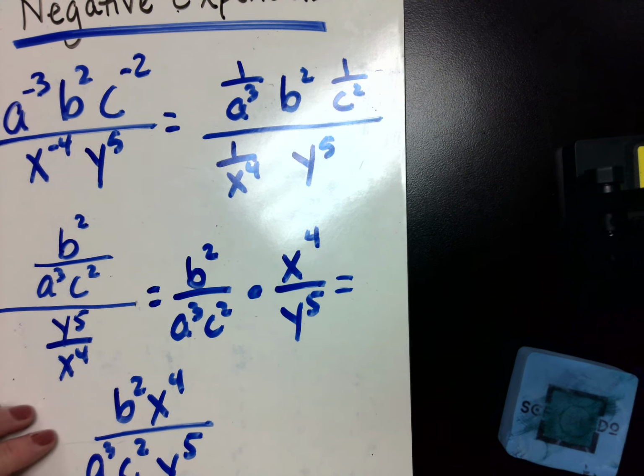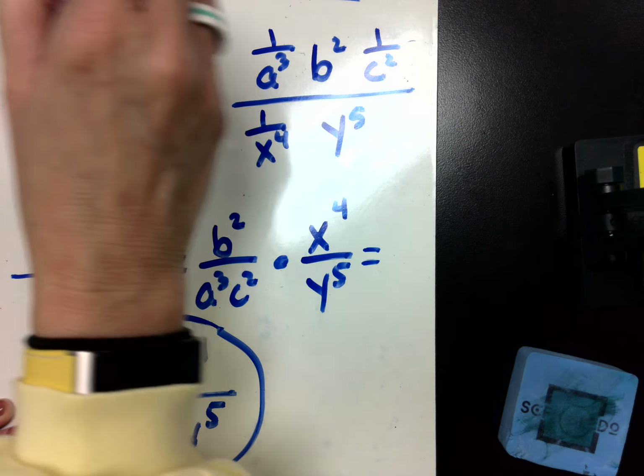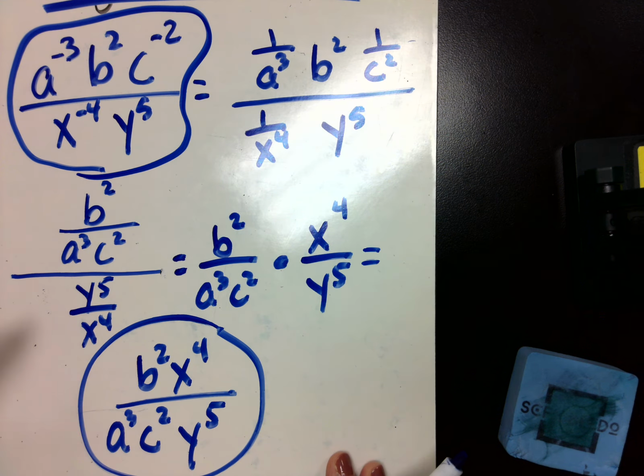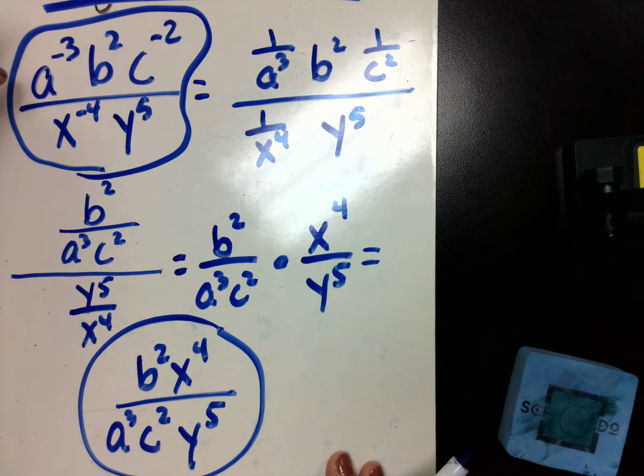I want you to look at this answer compared to this answer in the beginning. Everything that had a negative exponent that was originally on the top as a numerator became a denominator. The a and the c moved to the bottom and they kept their exponent. The x to the negative fourth, let me stay with the top.